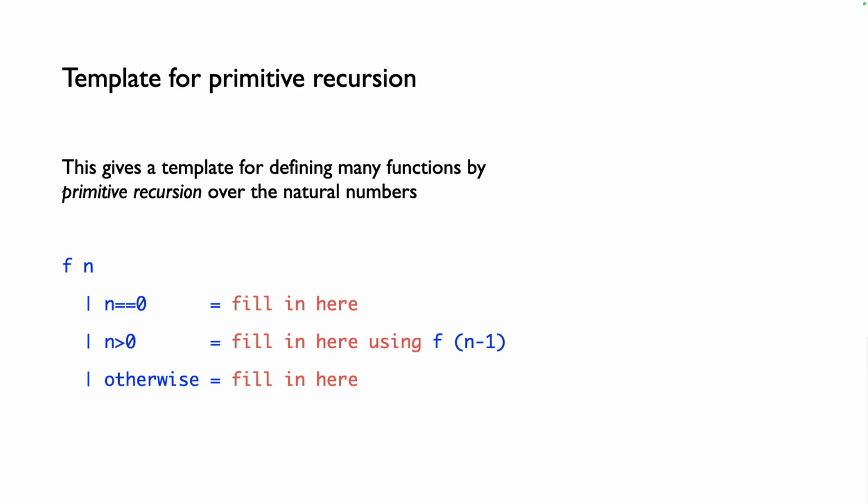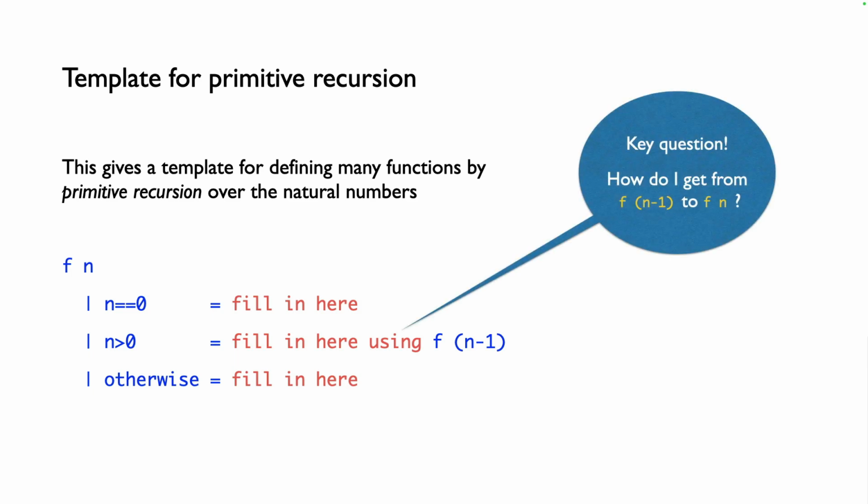But the key thing here is that we describe how to get from f at n minus 1 to f at n. And as you saw when we did the calculation, that's enough to give us the value for every positive number, because the value at 3 depends on the value at 2, which depends on the value at 1, which depends on the value at 0, which is given.